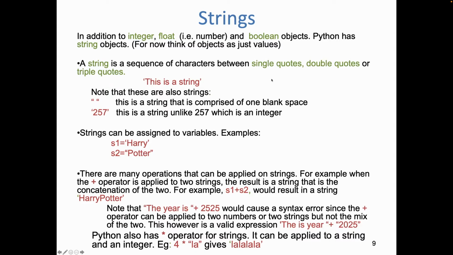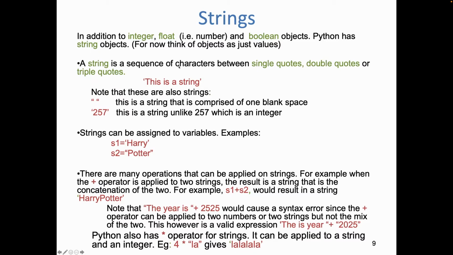Next, the strings. Besides the integer, float, and Boolean objects, we have the integers 1, 2, 3, 4, 5, floats like 1.3, and Booleans, true or false. Python has another object, which is named string.